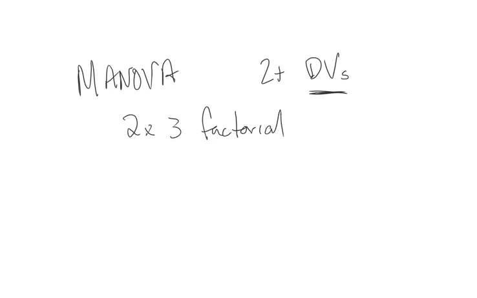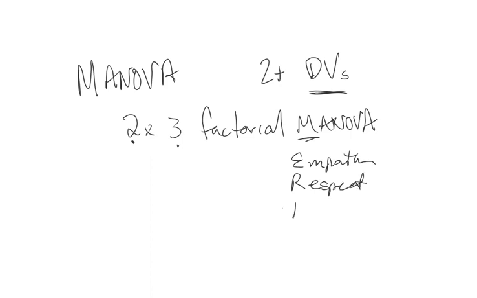Anybody who remembers that kind of clothing from when I was a kid, you could mix and match. A 2 by 3 factorial MANOVA means we have males versus females, novice, moderate, experienced, and we have empathy, respect, and trust. So three DVs, and we're looking at them all the same.